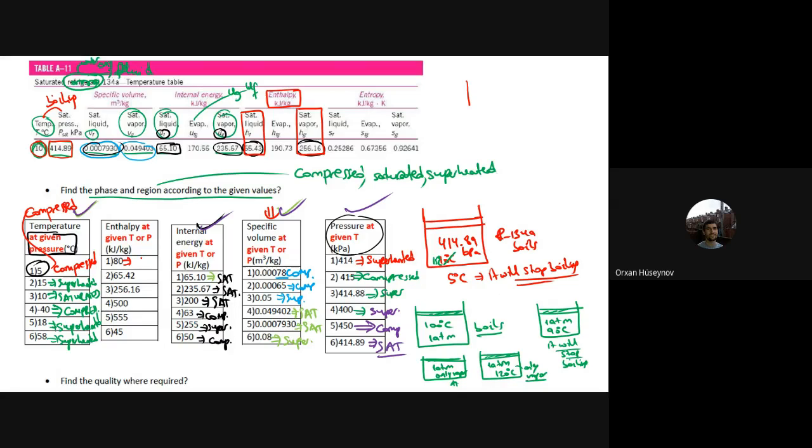Yes, you are right, it is saturated. Now the second part, 65.42. So that is compressed. Yes, all of this is compressed. What about the third one, 256.16?